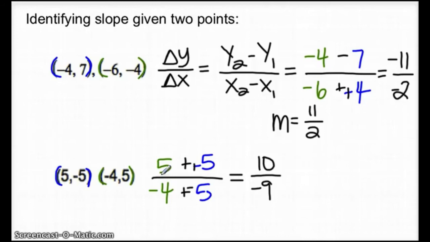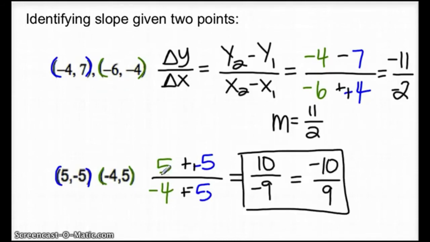So when we did it on the graph, we had down 10 and over 9. These two things are equivalent as long as one of our denominator or our numerator has the negative. So those two things are equivalent.